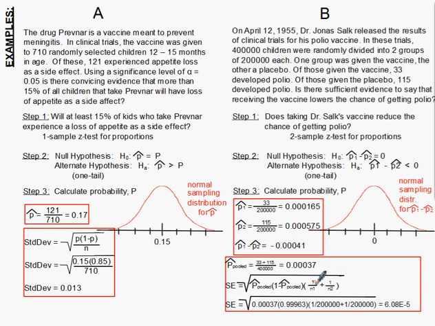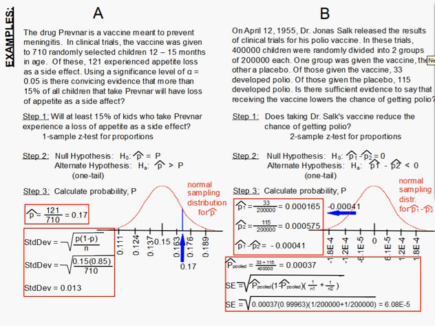And then we use the pooled proportion in our standard error equation, and we get this very small number. Now we can use these to dimension out our 3 standard deviations. That would look something like this. And once we have that, we can locate our sample proportion.